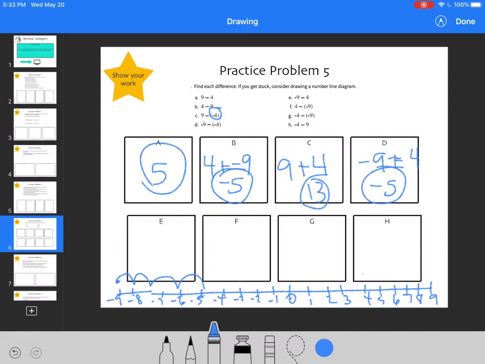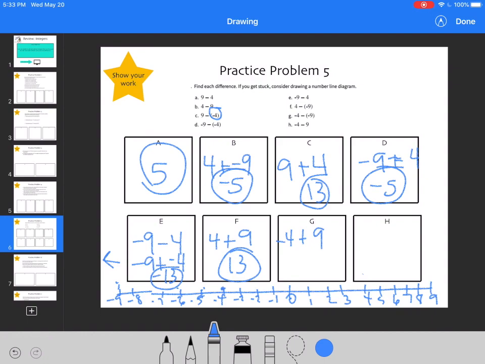So then E is -9 minus 4. So that would be -9 plus -4. So I would go 4 in this direction. So I end up with -13. F is 4 plus 9. Well, that's 13. G is -4 plus 9.